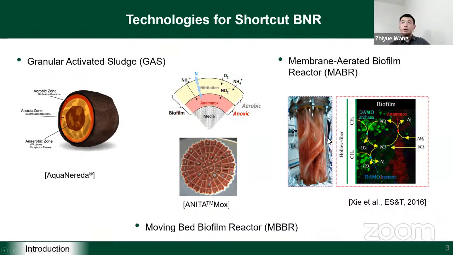In this case, the diffusion direction is reversed, so that the oxygen or substrate gradient actually comes from the hollow fiber side, and then decreases over the thickness of the biofilm that grows on the hollow fiber. And then you can have an aerobic zone near the surface of the membrane, and an anoxic zone where anammox or other denitrifiers can grow near the bulk liquid side.